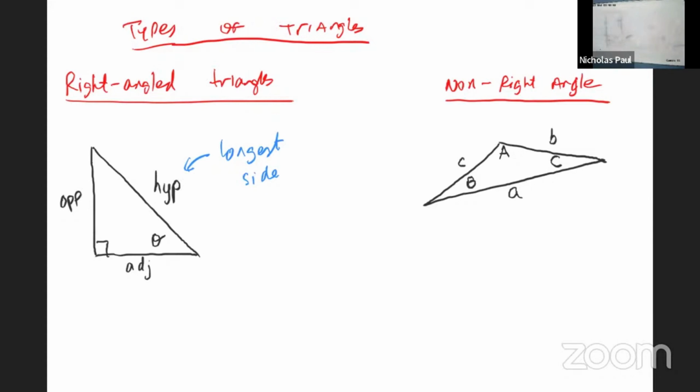All right, so these are the two types of triangles that we're going to focus on: right angle and non-right angle.